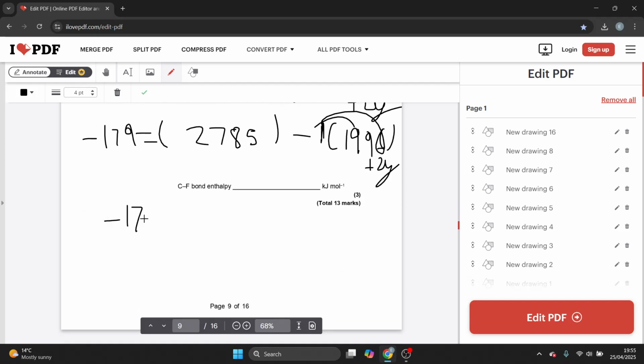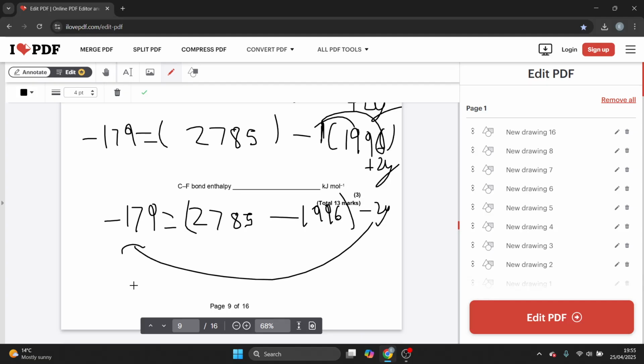So I get minus 179 equals 2785 minus 1996 minus 2y. And then you can see how we go from here. I leave this here and move the 2y across, so I get 2y equals this, then add 179.